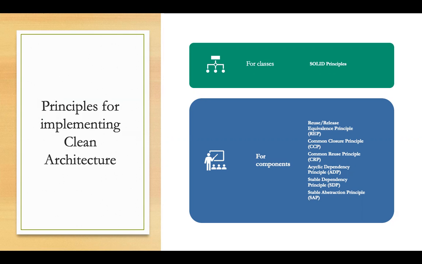In the case of classes, the main principles are the SOLID principles. In the case of components, the principles are the reuse-release equivalence principle, common closure principle, common reuse principle, acyclic dependencies principle, stable dependencies principle, and stable abstractions principle.